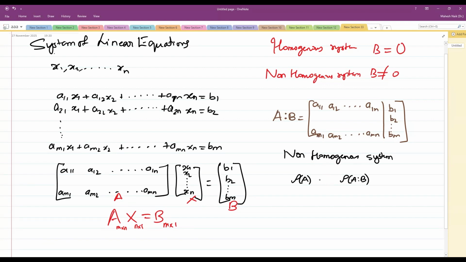If the ranks are equal, the system is consistent, and if the ranks are not equal, the system is not consistent.